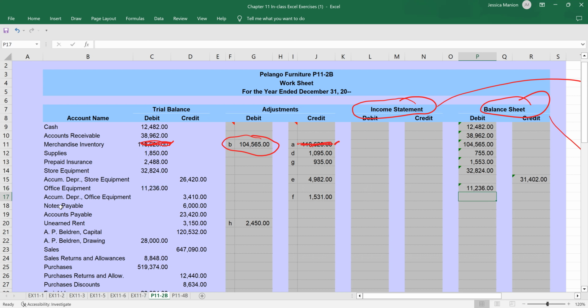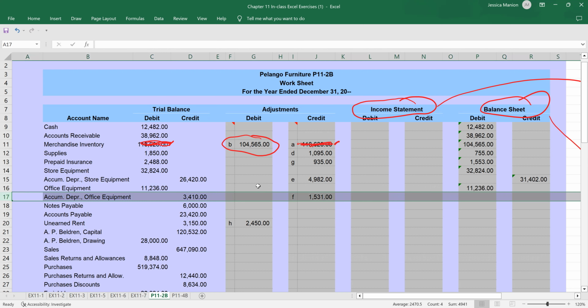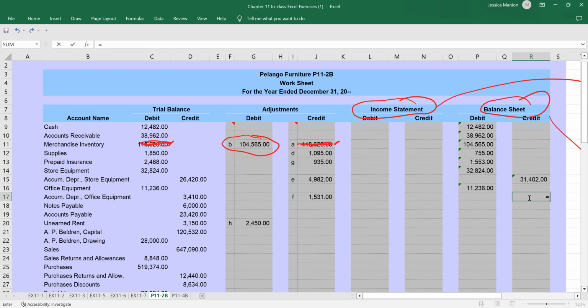We adjust their book value through accumulated depreciation, which did have an adjustment. So normal credit balance, it started at a credit of 3,410. We added or credited another 1,531. So we're up to 4,941 now there.